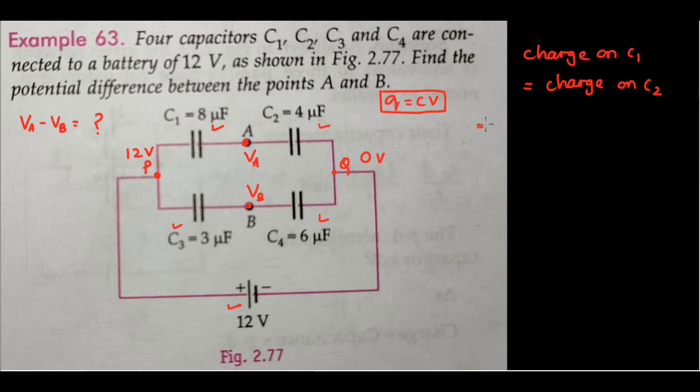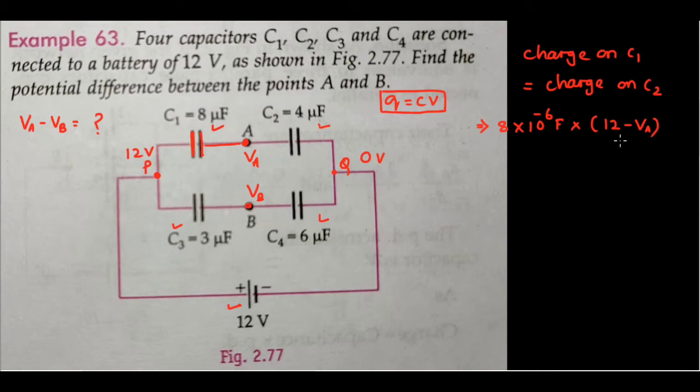It will be the capacitance of C1, which is 8 microfarad, that is 8 into 10 to the power minus 6 farad, into the potential difference across C1. The left plate of C1 is connected to the point P, so it is at potential 12 volt, and the right plate is connected to the point A, so its potential will be VA. So the potential difference will be 12 minus VA.